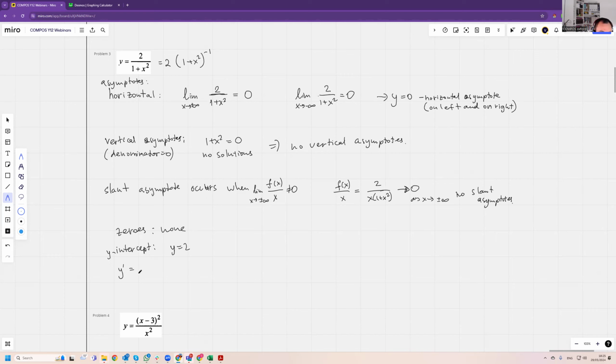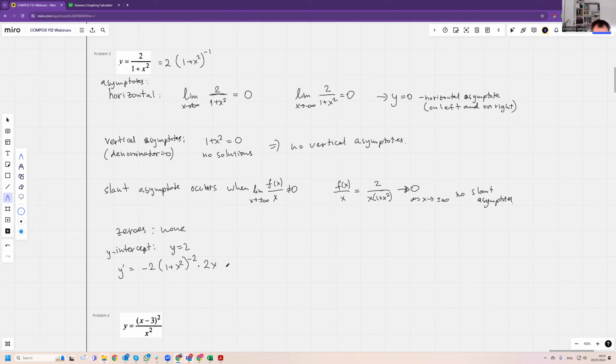So minus 2 multiplied by 1 plus x squared to the power minus 2, multiplied by 2x, of course.